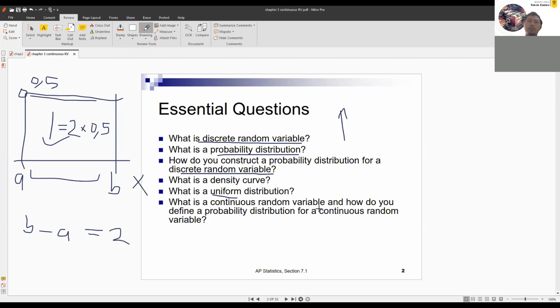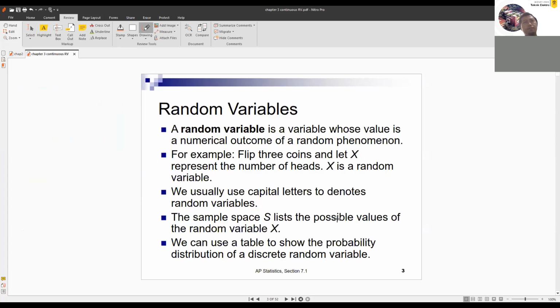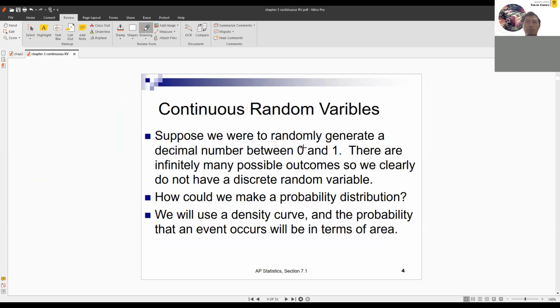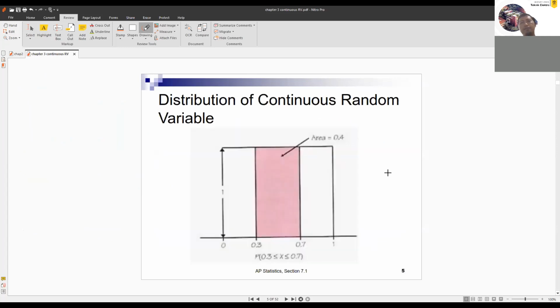And what is the continuous random variable, and how do you define a probability distribution for a continuous random variable? That's what we're going to talk about today. Actually, this is the definition of a random variable. You already know. You have this graph here.